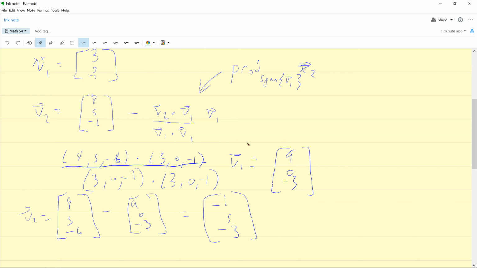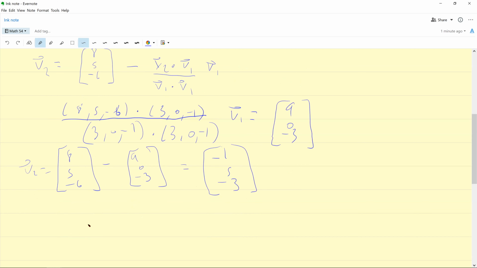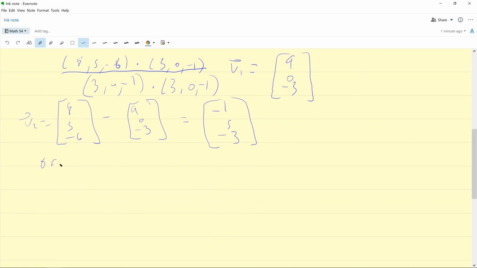Now, what would I do if instead of just this orthogonal basis v1, v2, I want an orthonormal basis? You would have to simplify, so v1 and v2 are in terms of zeros and ones, correct? Not quite. So what's the definition of an orthonormal basis?